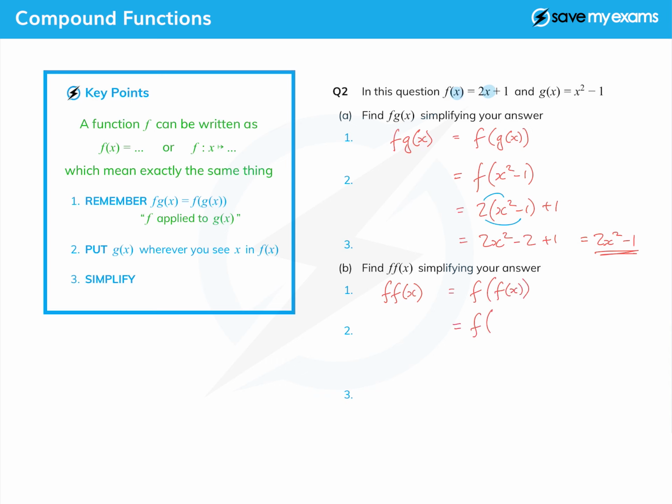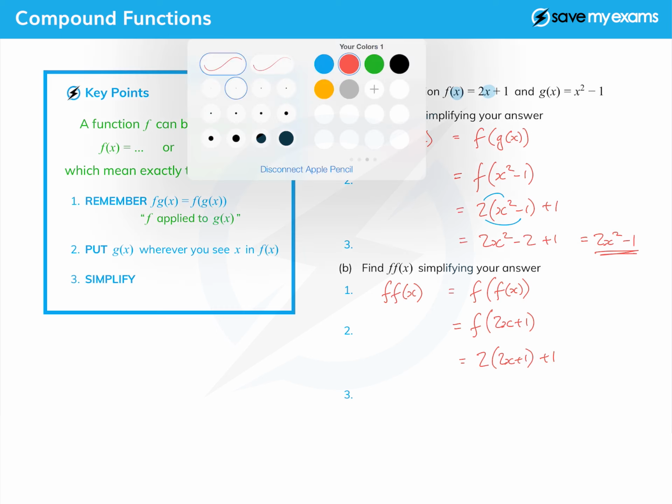So what is f of x? f of x is 2x plus 1, and so f of 2x plus 1, well, we replace the x in 2x plus 1 by 2x plus 1. So we get 2 times (2x plus 1) plus 1. And there we see from our original function that 2x plus 1 has become 2(2x plus 1) plus 1. Okay, sounds a bit complicated, but actually it's quite straightforward.